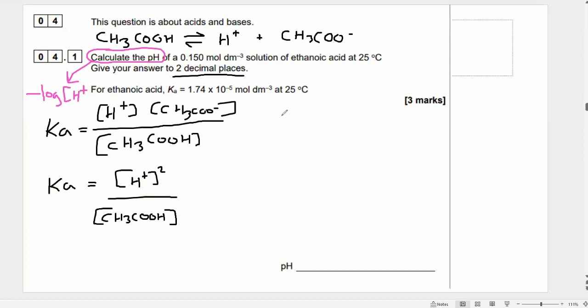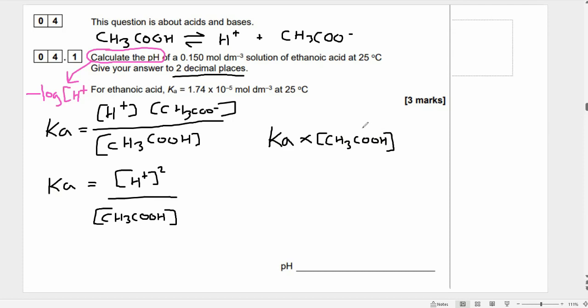If you do that successfully, what you should get is that I've got to multiply the Ka by the ethanoic acid concentration. So I multiply Ka by the ethanoic acid concentration, and then what else do I need to do?